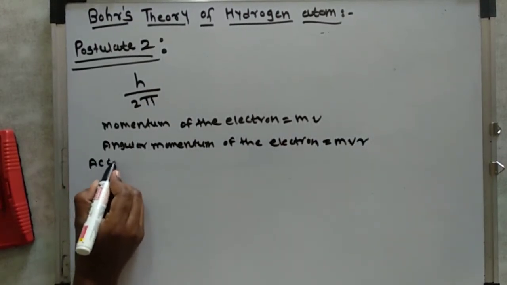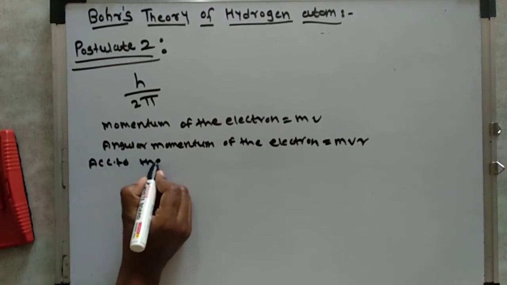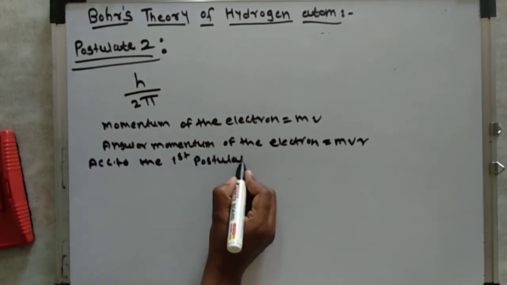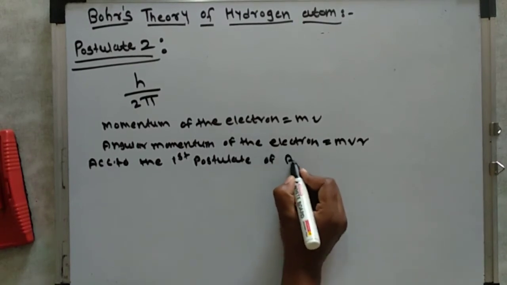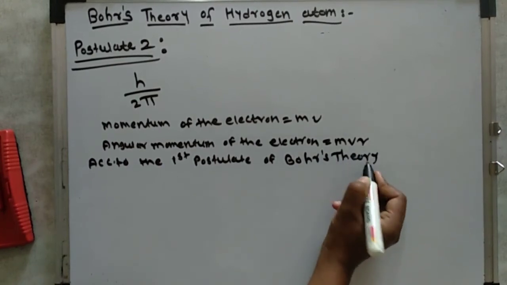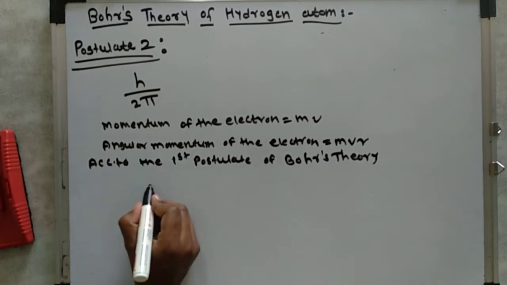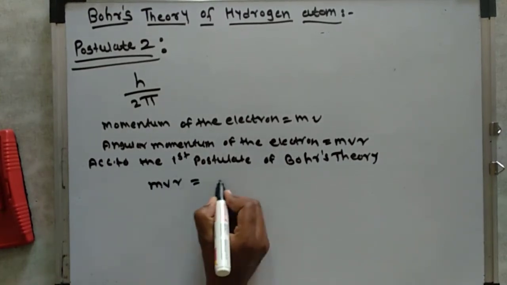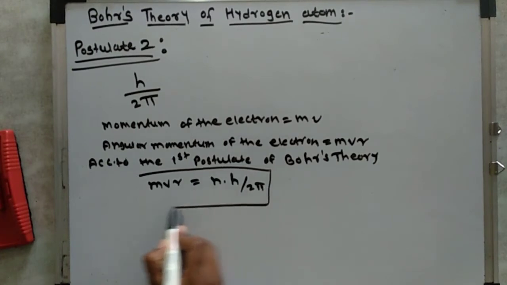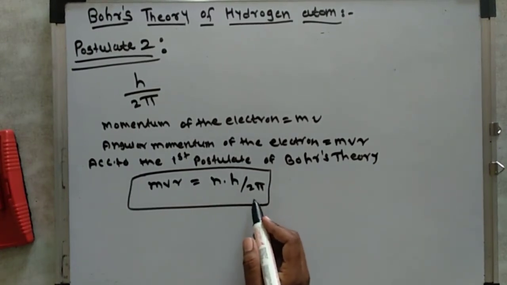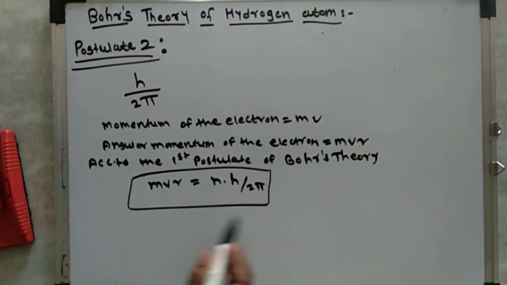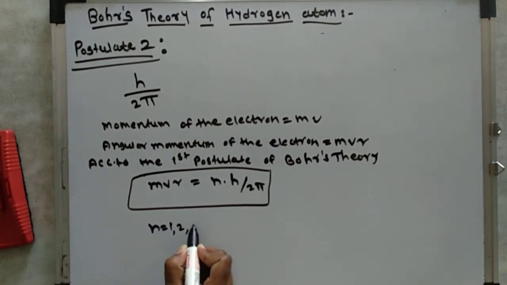Then according to the second postulate of Bohr's theory, we have mvr is equal to n into h upon 2 pi, where n is any positive integer having values n is equal to 1, 2, 3, etc.